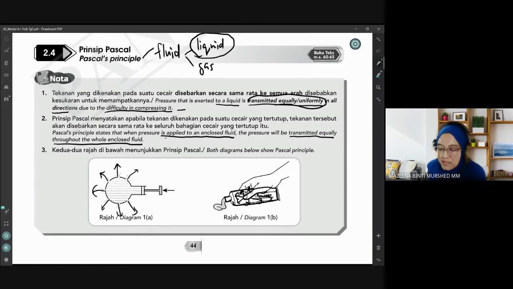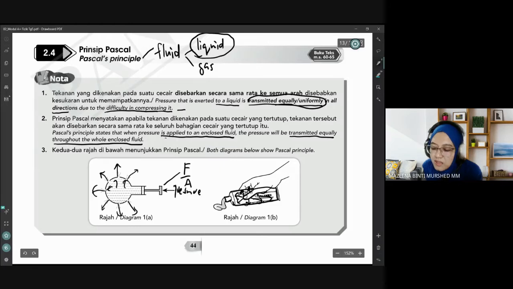Tapi kalau kes ni, yang ni kita tengok piston yang berlubang ni, when we press with a pressure, actually bukan pressure sebenarnya, kita kenakan tu adalah force per unit area, so dia akan dapat pressure lah, betul tak? So the pressure is transmitted equally throughout the enclosed surface, enclosed system. Macam mana nak tunjuk dia punya pressure sama? So kita buatlah lubang-lubang ni supaya air keluar sama.